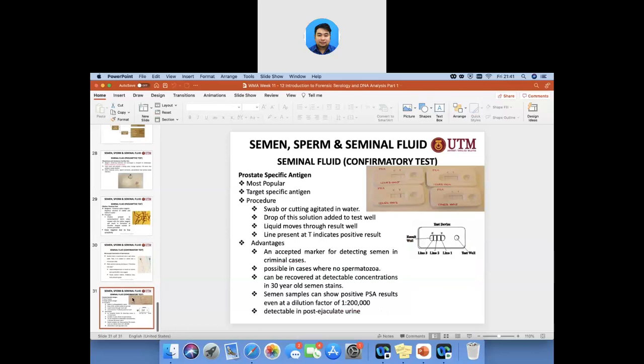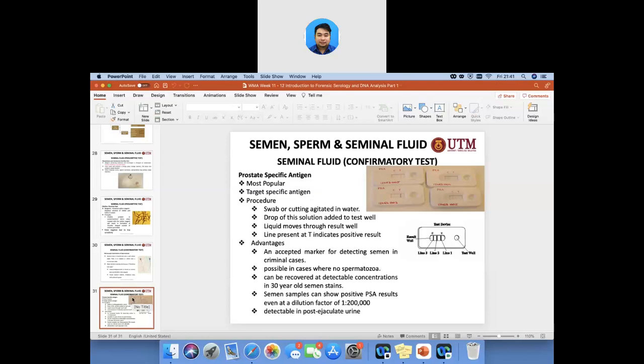Okay. So for the seminal fluid confirmatory test, you can also use prostate specific antigen, which is the most popular one. It targets the specific antigen. Okay, so what are the procedures? The swab or cutting is agitated in water.